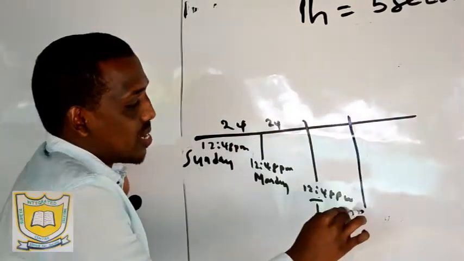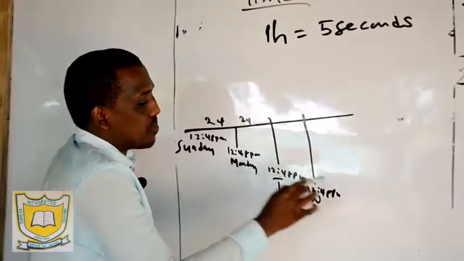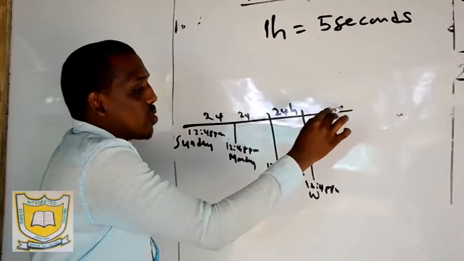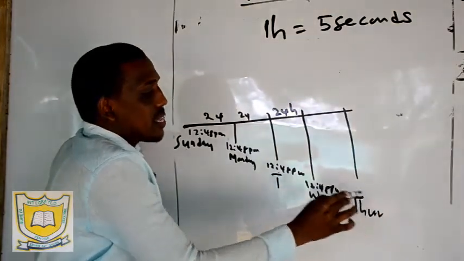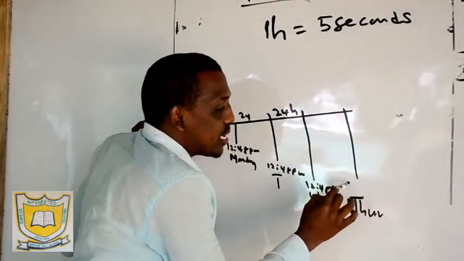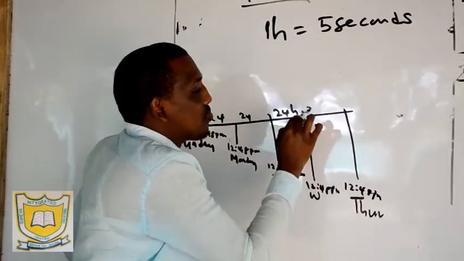Tuesday 12:48 p.m. to Wednesday 12:48 p.m. is 24 hours. Wednesday to Thursday, 12:48 p.m. to 12:48 p.m., is 24 hours.